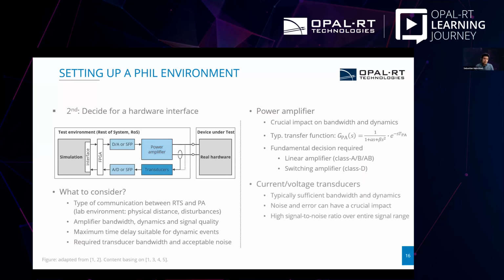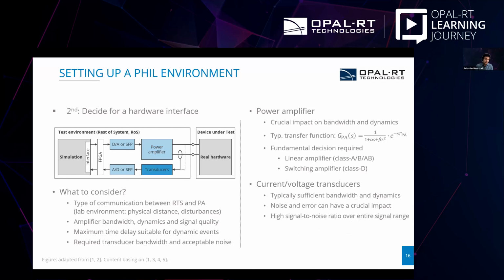Next decisive point is the current and voltage transducers. Here, they typically have a sufficient bandwidth and dynamics, so this is not a problem. But a very crucial thing here is the noise and the error of those transducers, so basically the measurement quality.